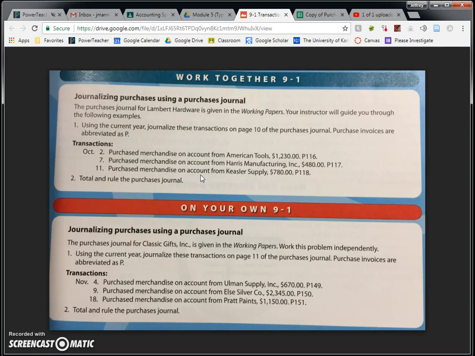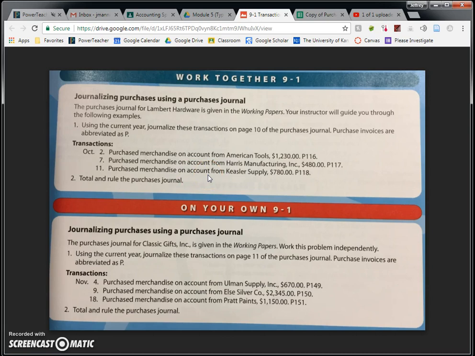And just a quick reminder about the purchases journal. It is only for when the corporation purchases merchandise on account. So you can see here that luckily the book has already organized this well for us. Every single one of these transactions is purchase merchandise on account, purchase merchandise on account, purchase merchandise on account. So it's going to be really simple to tell that these all go into the purchases journal.